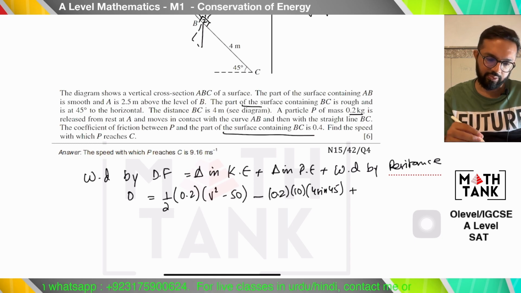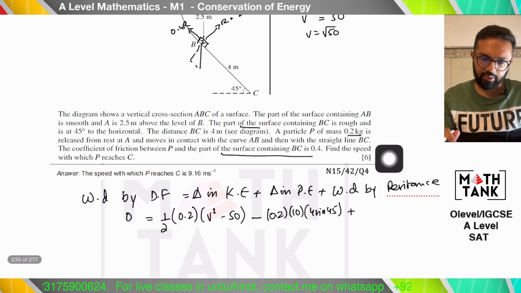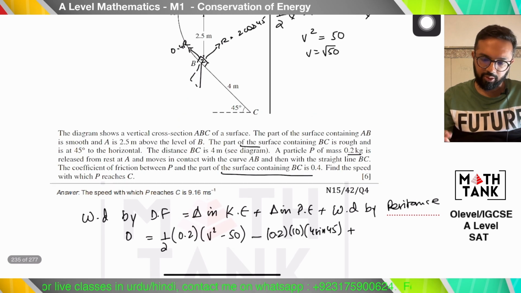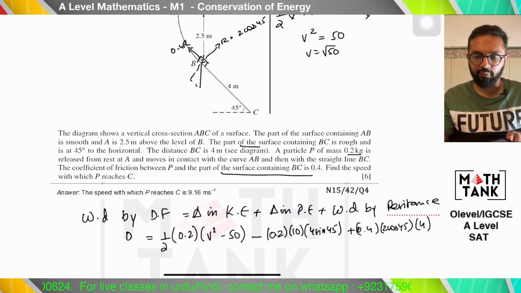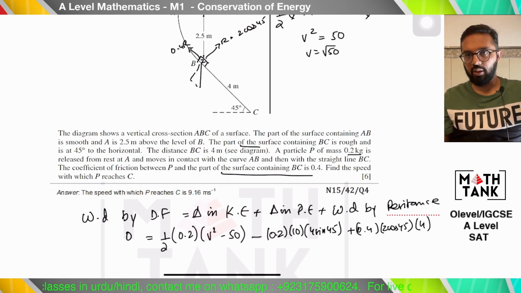Work done by resistance. The resistance is constant. It's 0.4 times 2 cos 45, and the distance it's traveling is 4. So I've done mu into R into 4.